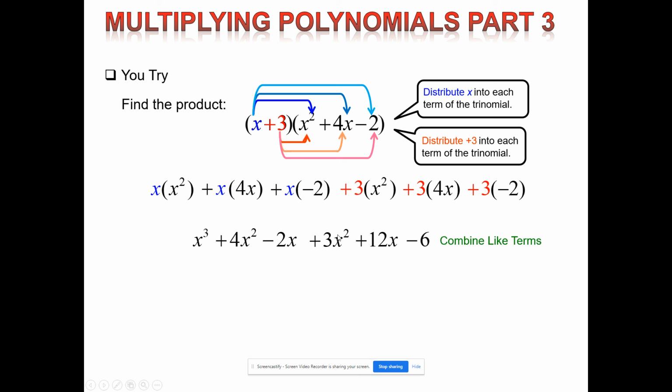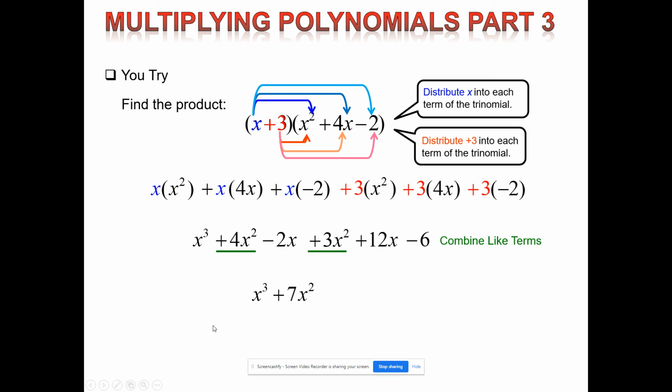So x cubes, no other x cubes. X squareds, yep, there's another one right here, so we can combine these two. 4 plus 3 is 7. So we have positive 7x squared. We got an x and an x right here. So you have 12 x's.